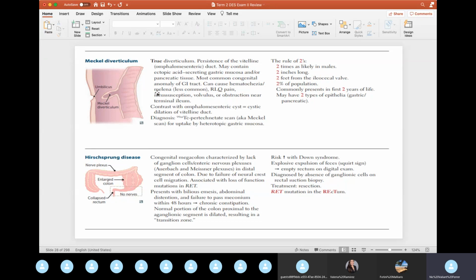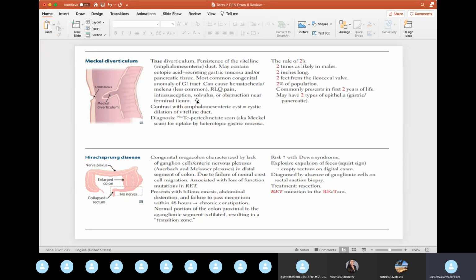What is intussusception, guys? Is it where it collapses on itself? So you have a lead point, and the proximal portion telescopes into the distal portion, right?